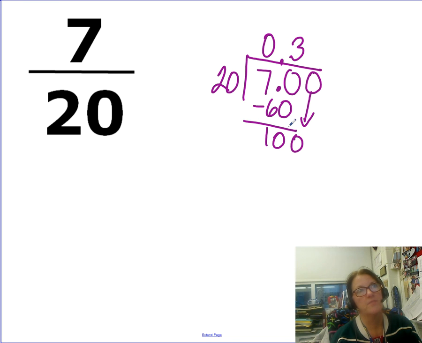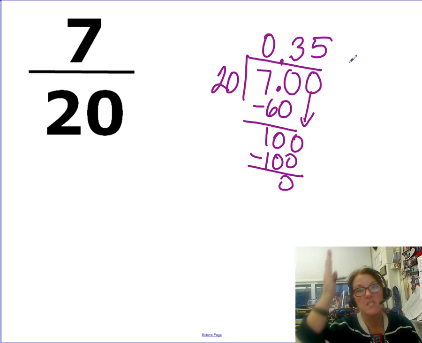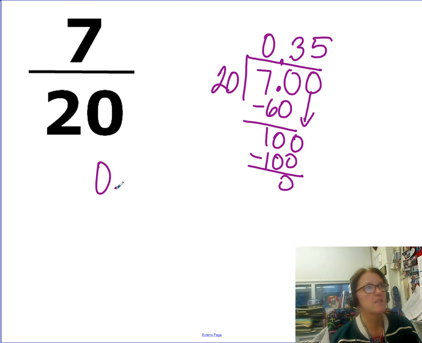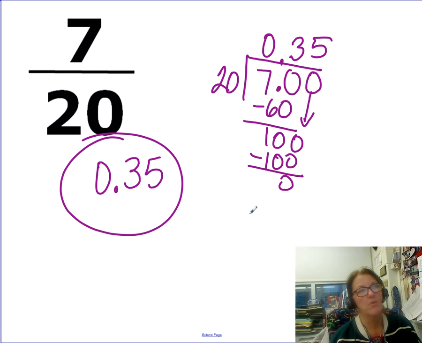Put a 0 down. Can 20 go into 100? 20, 40, 60, 80, 100. 5 times. That's exactly 100. I have no more remainder. I'm done. This turns into a decimal 0.35 or 35 hundredths, and it terminated.